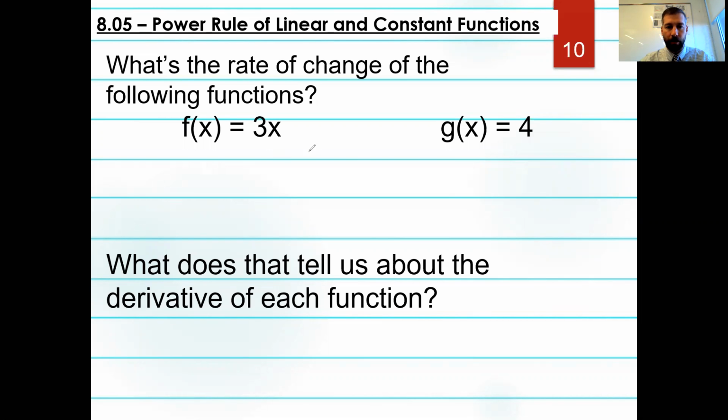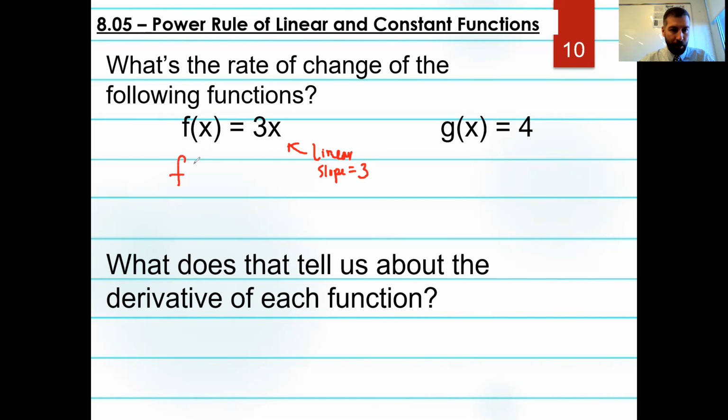Now, one thing that you might remember is that this is linear, right? That's the slope. And remember that, if it's just no exponent there, an exponent of 1, that number in front of the x is the slope. So if you think about this function, it's linear, which actually means that its slope or its rate of change is always going to be the same.